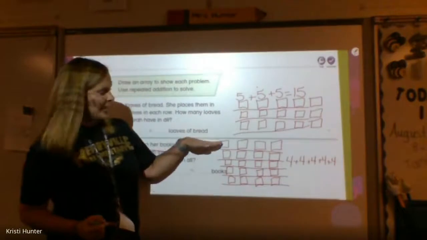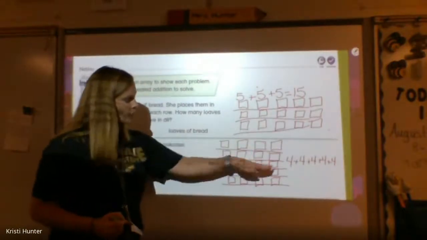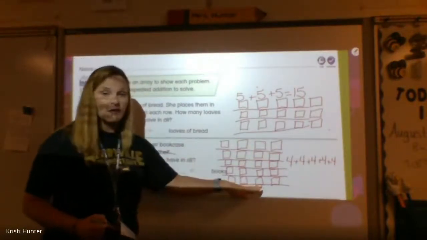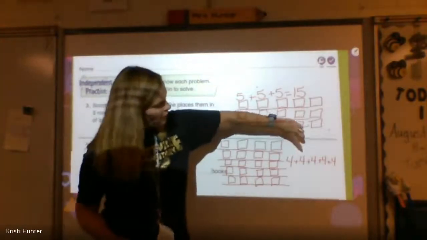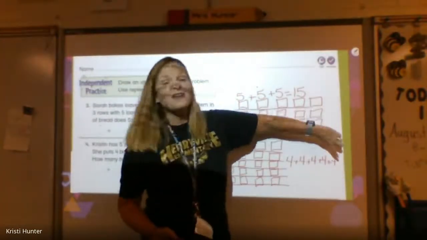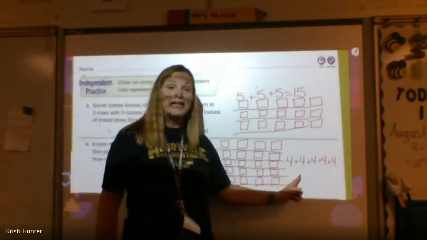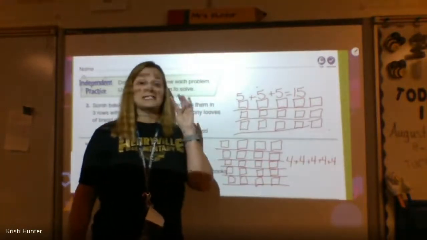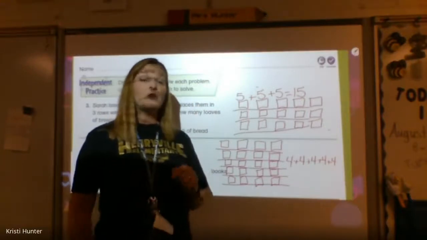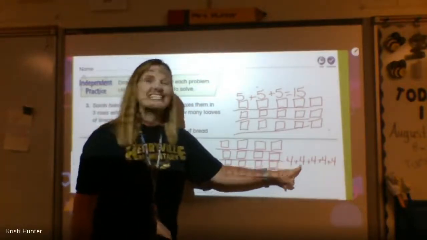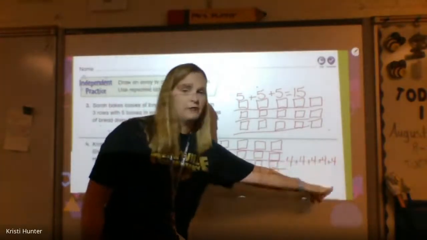Now remember, I had 1, 2, 3, 4, 5 shelves. That means I should have 1, 2, 3, 4, 5 numbers over there. And in this case, all my numbers are the number 4. To be an equation for an array, we have to use the same number over and over again.